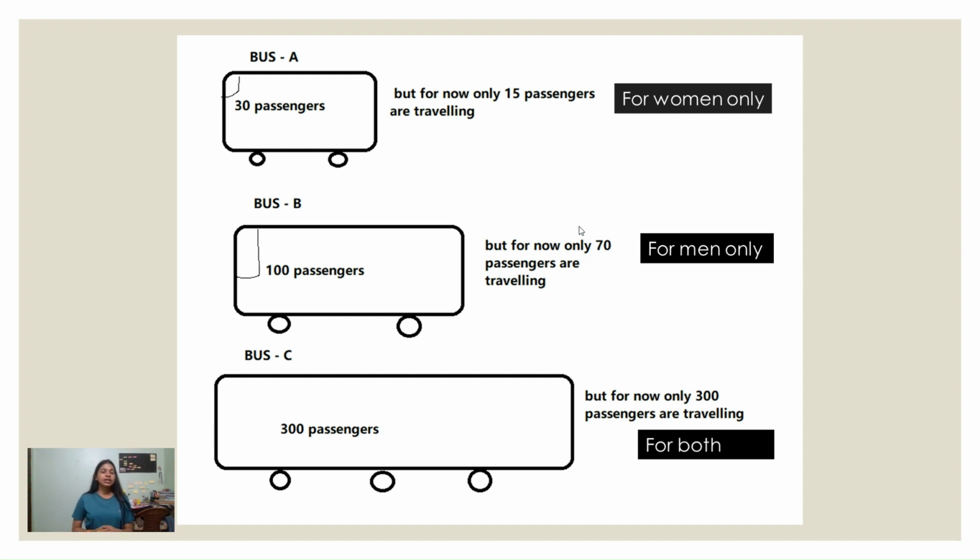One day a bunch of 100 passengers came to me and said they wanted to sit in Bus C and travel in that bus. They insisted they wanted to sit in that bus even though there was no seat left.